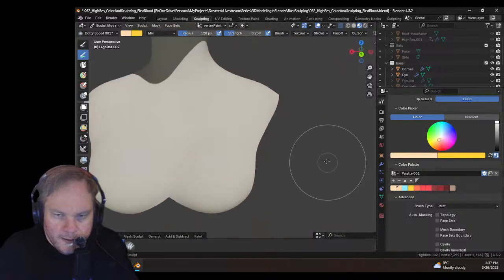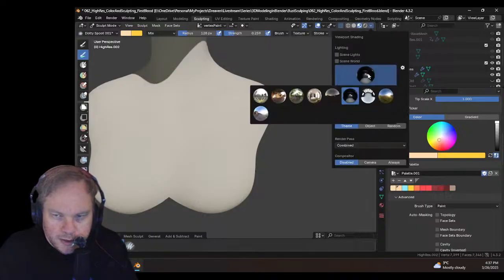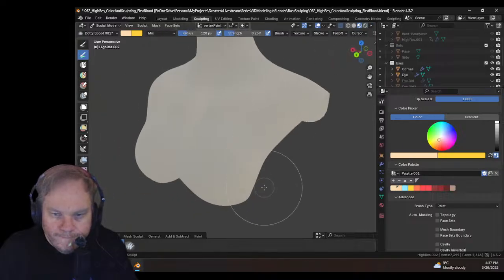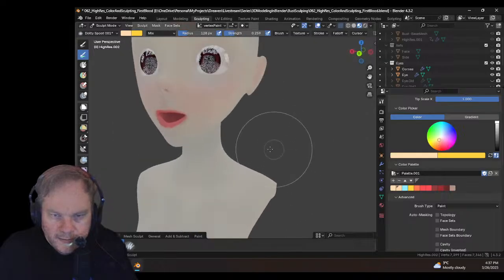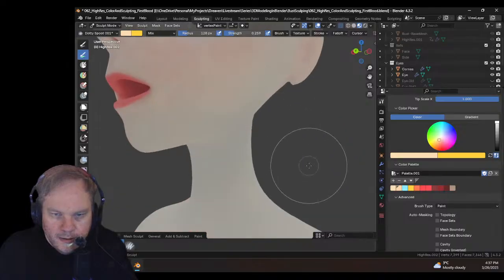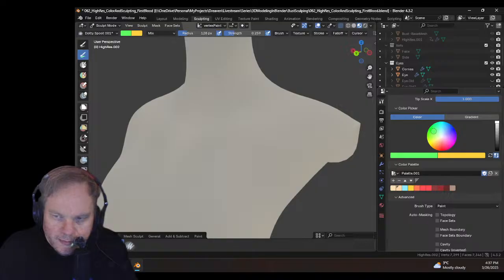So skin is like, not just skin, everything is a bit weird. To show you this, it's fine to have the yellow there, but skin has any color, anything.